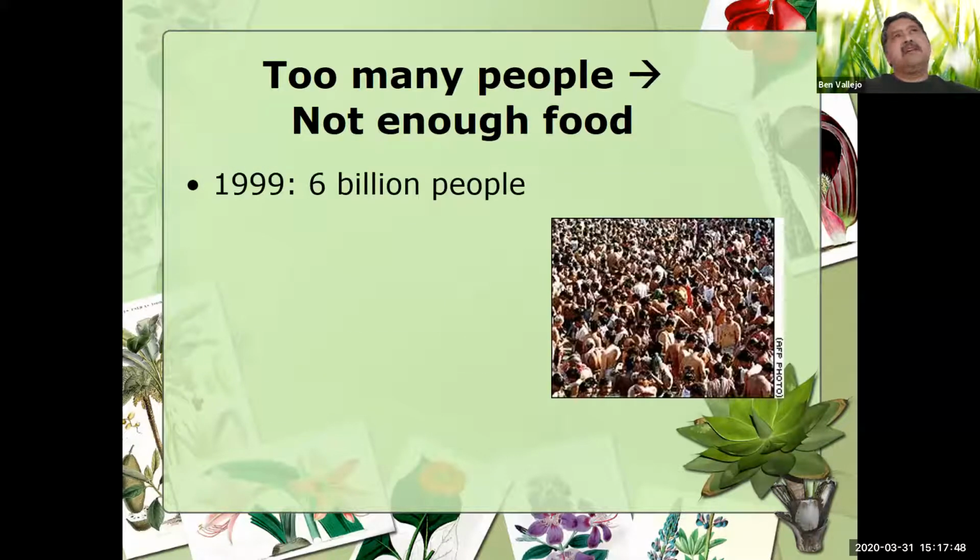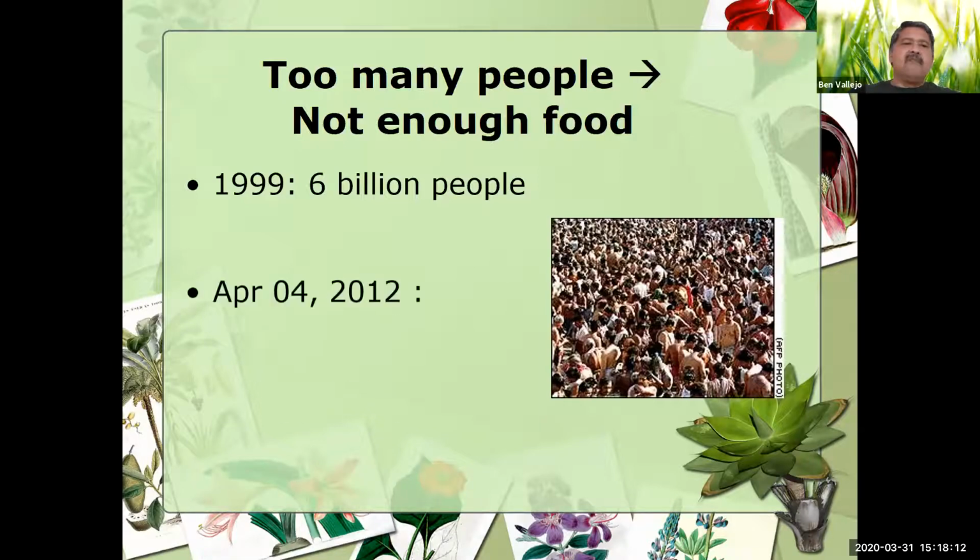Now the study of agriculture is very important because some would say that we have too many people, and because we have too many people, we may not have enough food. If you take a look at some amazing numbers, some of you were alive when we had less than 6 billion people on Earth.